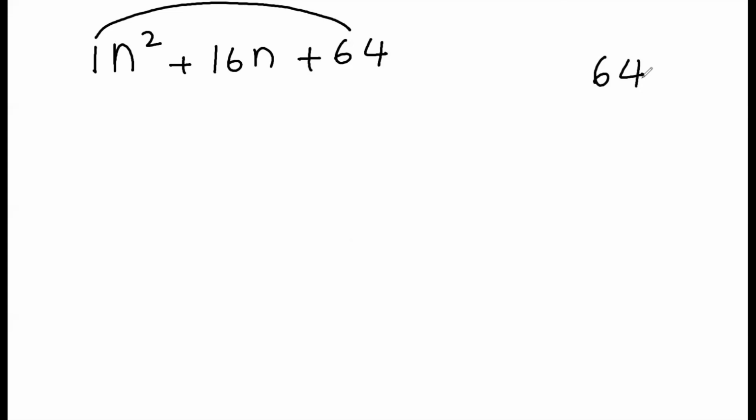Now, I'm going to look for two numbers whose product will be 64 and the sum would be 16. So let's write down the numbers. 8 times 8 is 64. 8 plus 8 is 16. So here are your two factors. You already have them.